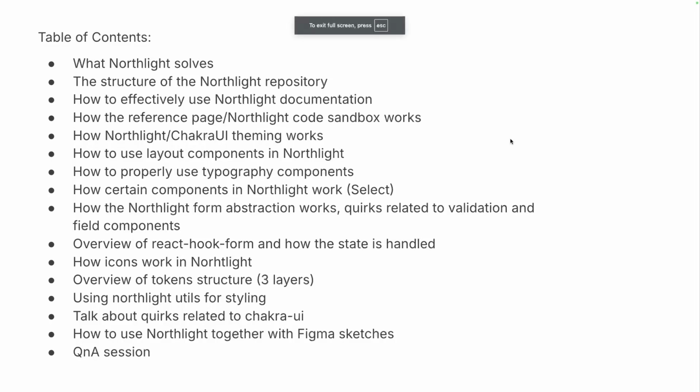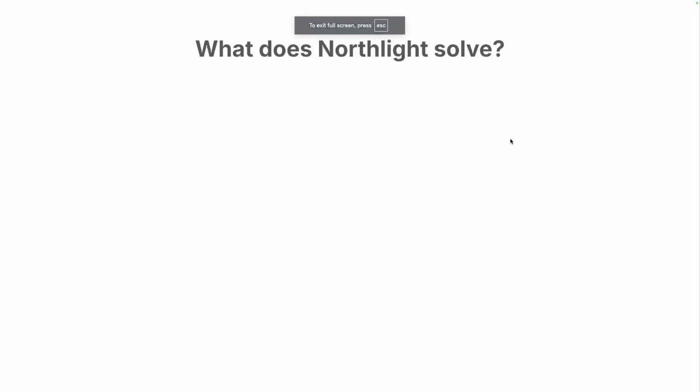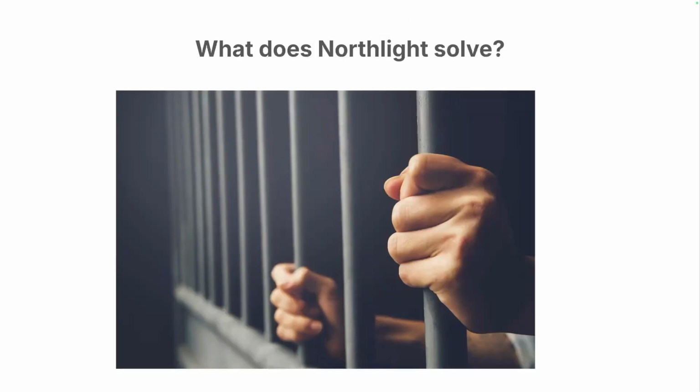Okay. What does Northlight solve? Well, Northlight is a very complex library. It's a UI library, it's a state management library, it's a design token library, it's a front-end utility library. Really, the point of Northlight is to streamline everything that is related to UI development. And that's a very important thing to mention.